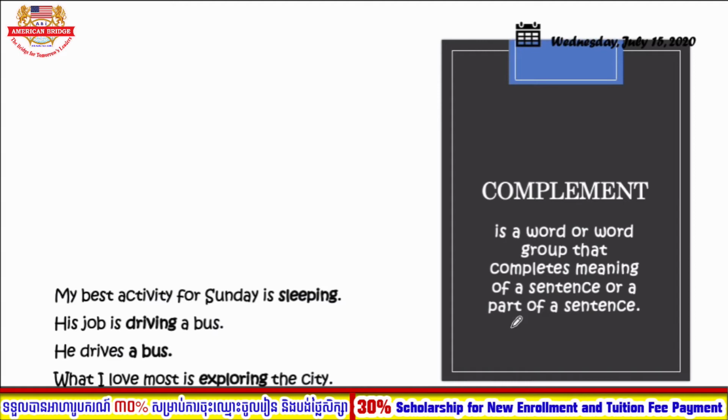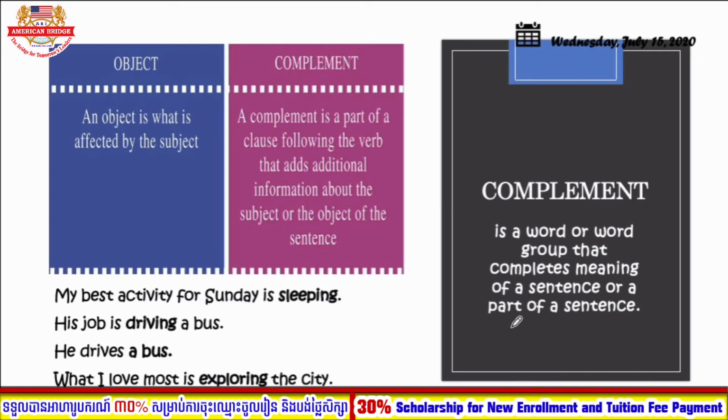So it gives more meaning, but mostly it's followed by the linking verb, which is the to be. Here, if you look at the object and the complement, though sometimes it is in the same position of the sentence, its function or its role in the sentence is different.